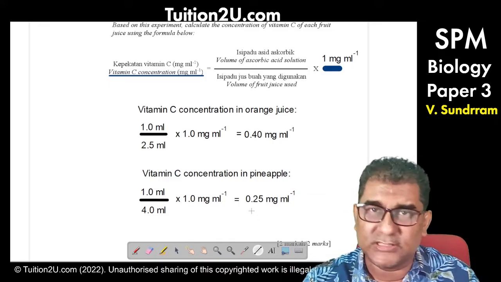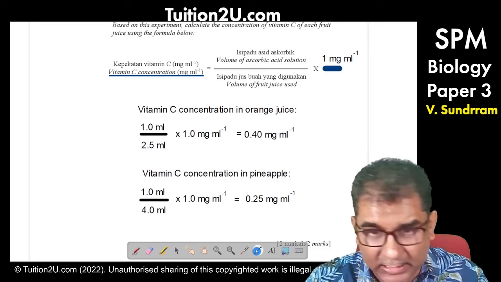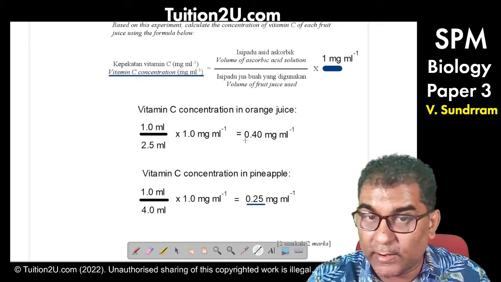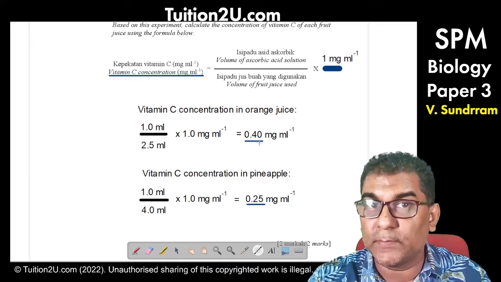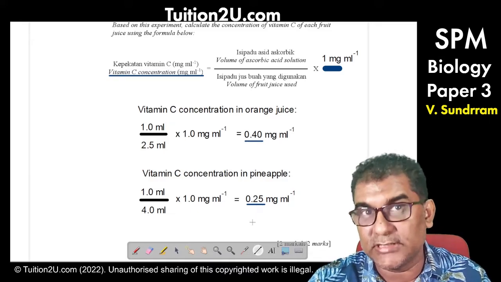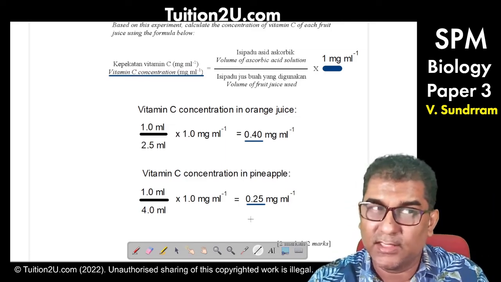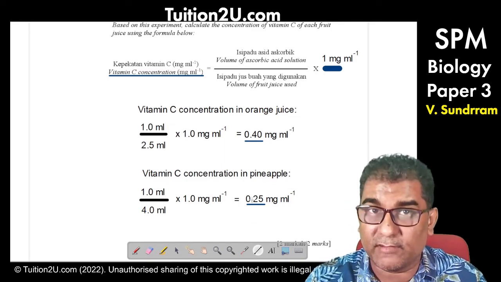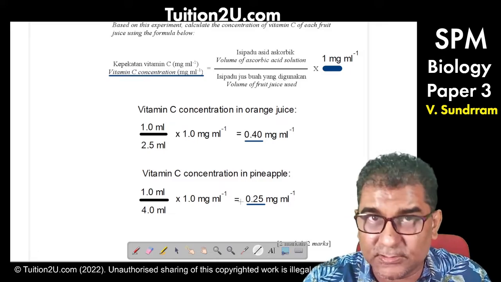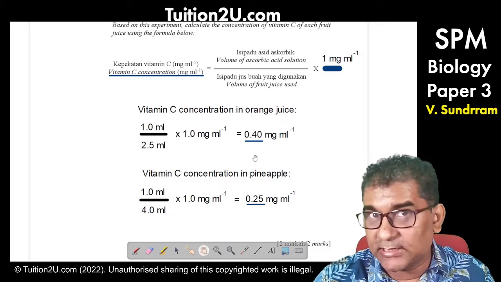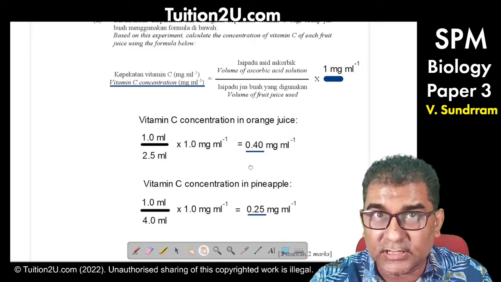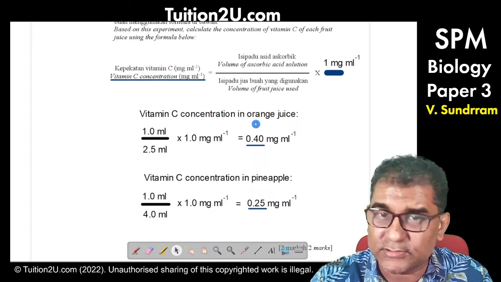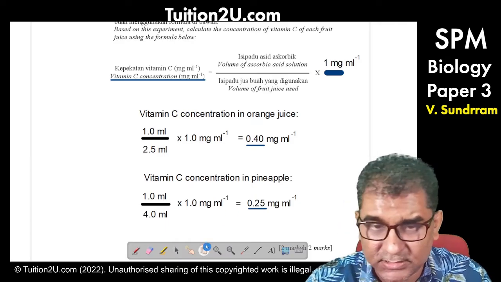So bring it to 2 decimal points. Here the answer I got is 2 decimal points, but here I had only 1, so I make it 2 to make sure the decimal point is the same. All of this is important because you're going to compare, and when we compare, we must use the same decimal point. So that is calculation. Just follow the formula given, make sure you have all the units, and write the full sentence. You can get your 2 marks.